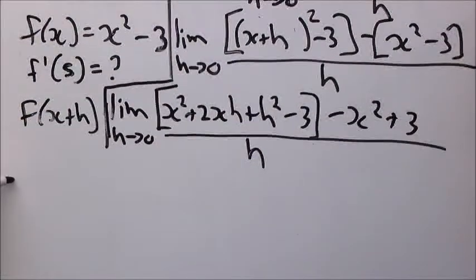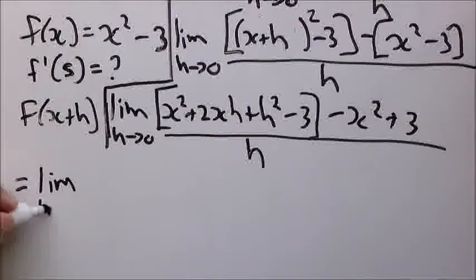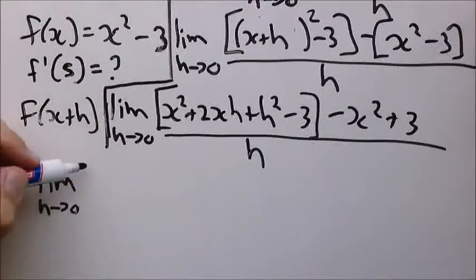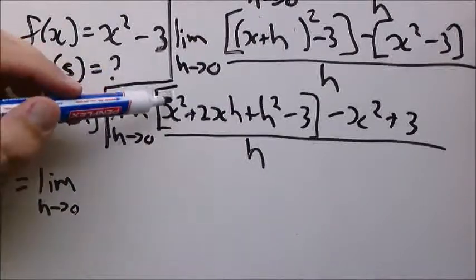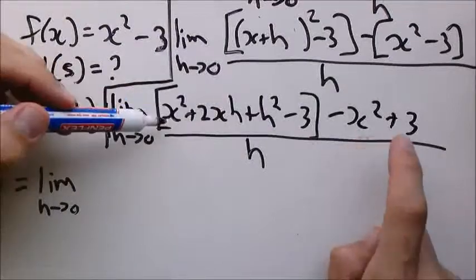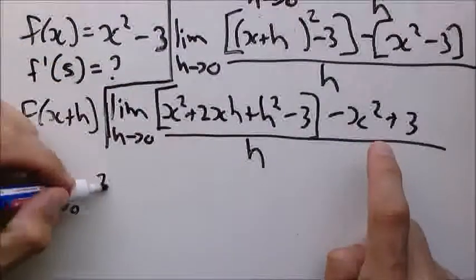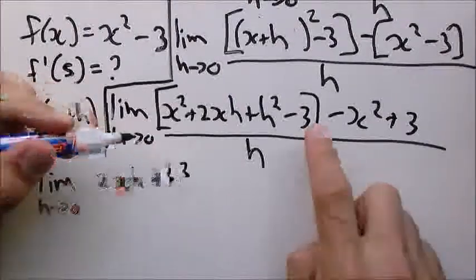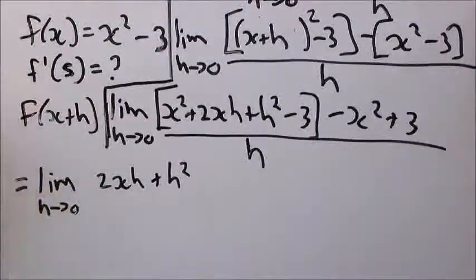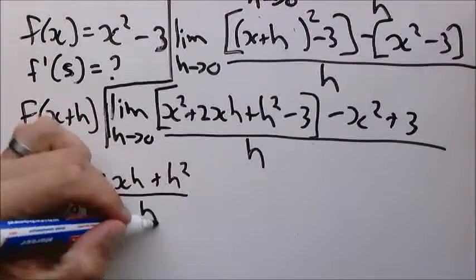Okay, I'm just continuing on over here. So now this x squared minus the x squared, it falls away. So we're only left with 2xh plus h squared, negative 3 plus 3, so it becomes a 0. Okay, so this is what we are left with.